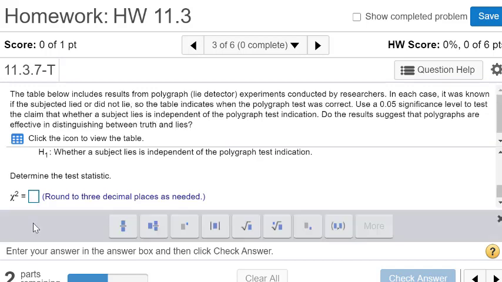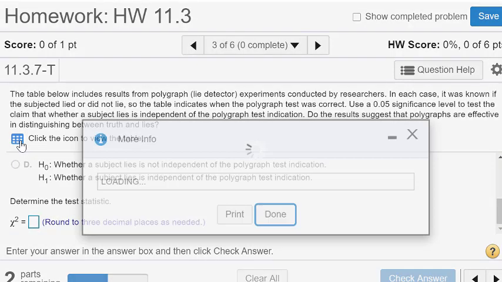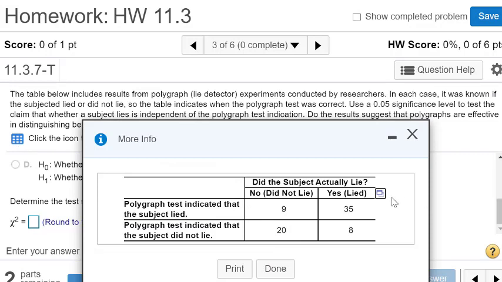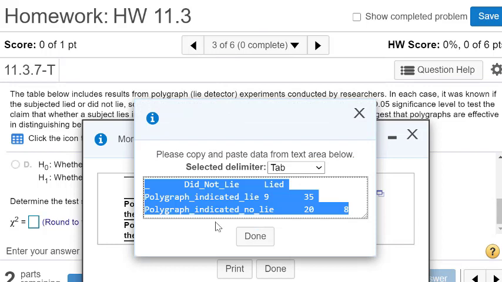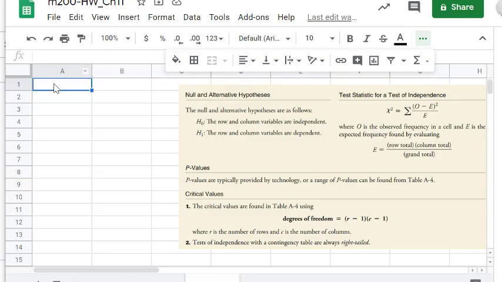As we try to determine the test statistic, we will need to look at the actual summary data. And here is the table. We will just copy the table onto a clipboard and paste it onto our Google Sheets.